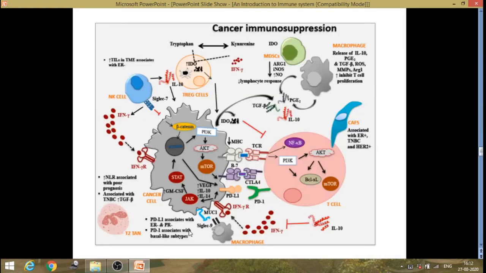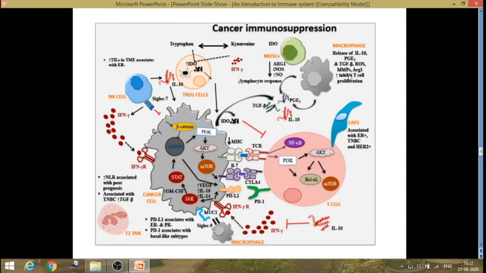This is a picture I've taken from the internet to show you how complex our immune system is. This is cancer immunosuppression. There is a huge, wide, and complex immune response generated against the cancer cells. You can see many different cells of the immune system, many different molecules, and many signaling pathways.